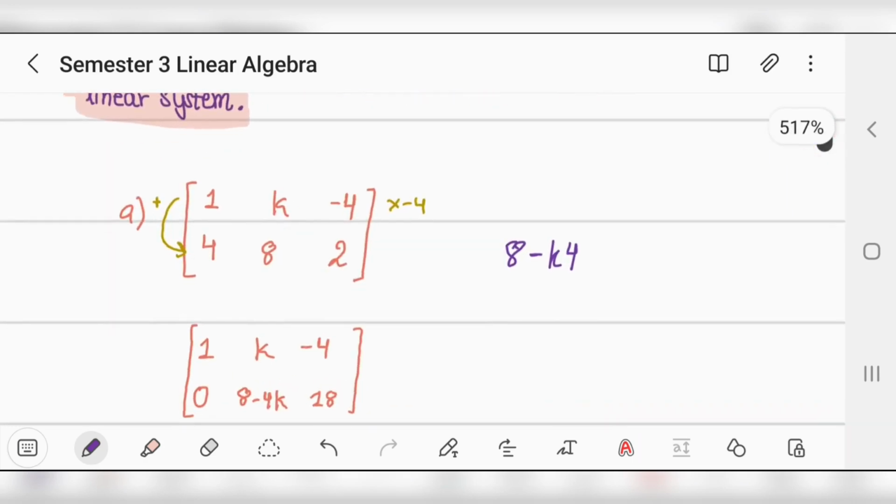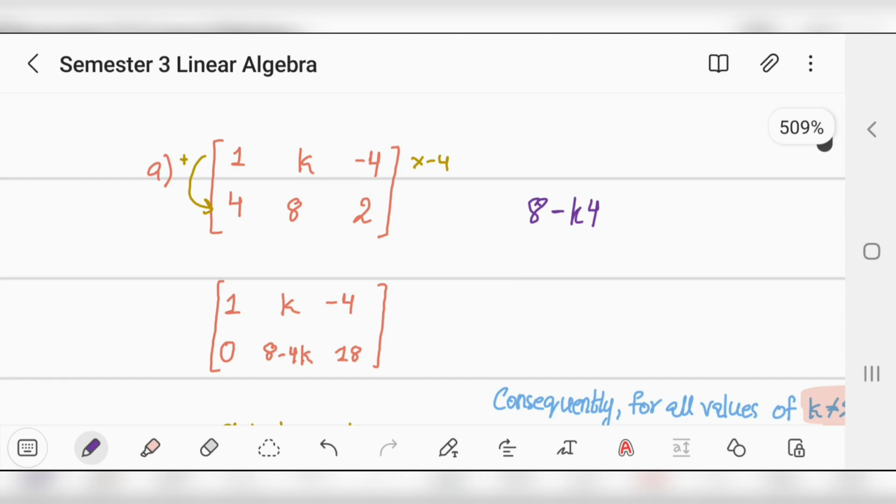Okay, so now we have in this form 1 plus k is equal to minus 4, and then we got 0 plus 8 minus 4k is equal to 18.